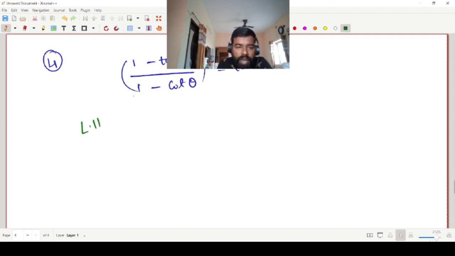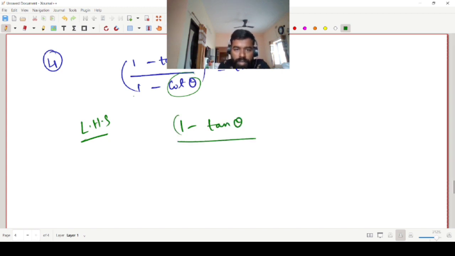So we take the left hand side and we see that there is cot there. We'll change it to tan. So 1 minus tan theta, and in the denominator we can write 1 by tan theta, because we know that cot is the reciprocal of tan and tan is the reciprocal of cot, and I've already separated the powers as well.